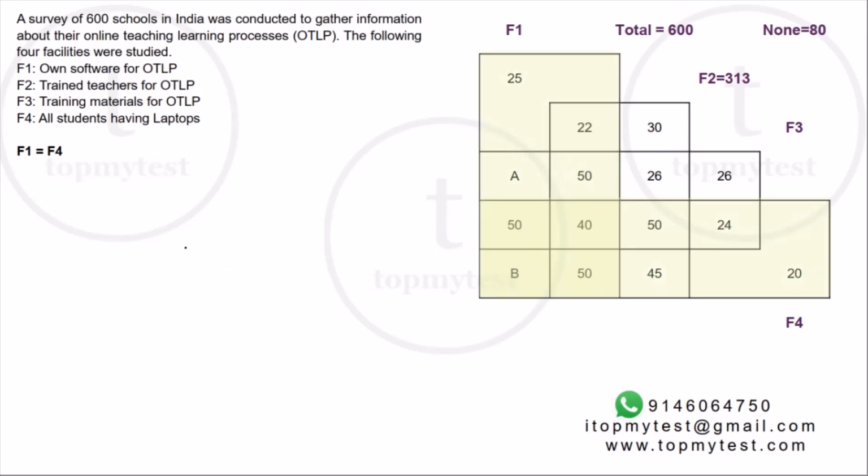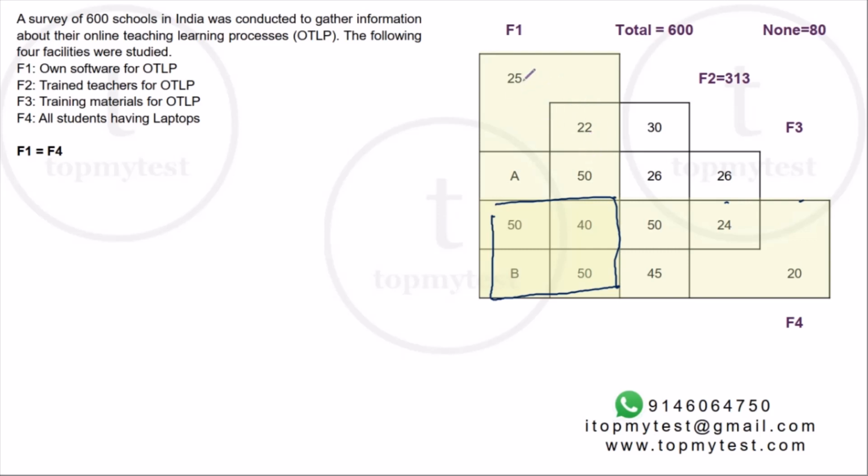Now let's use the last relation, which was that the region under F1 is the same as the region under F4. So this entire region is the same as this entire region. The difference is this region is common under both. So the sum of these four will be the same as the sum of these four. So I can find the value of A directly.